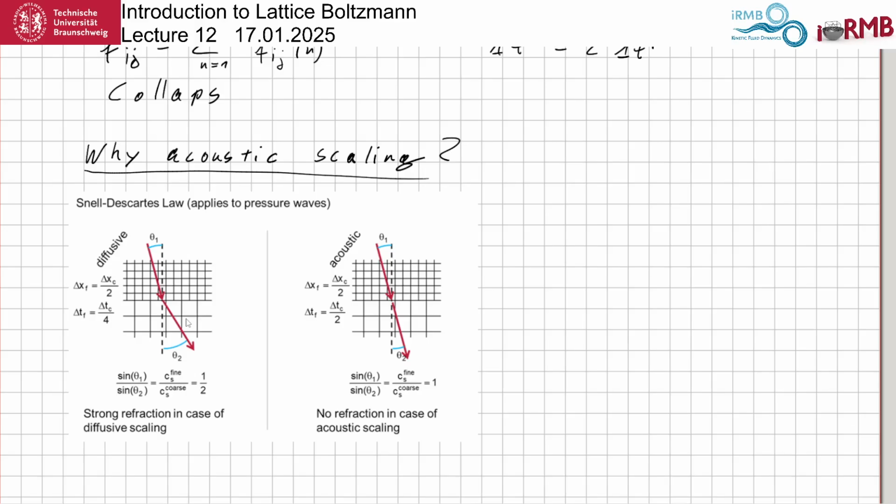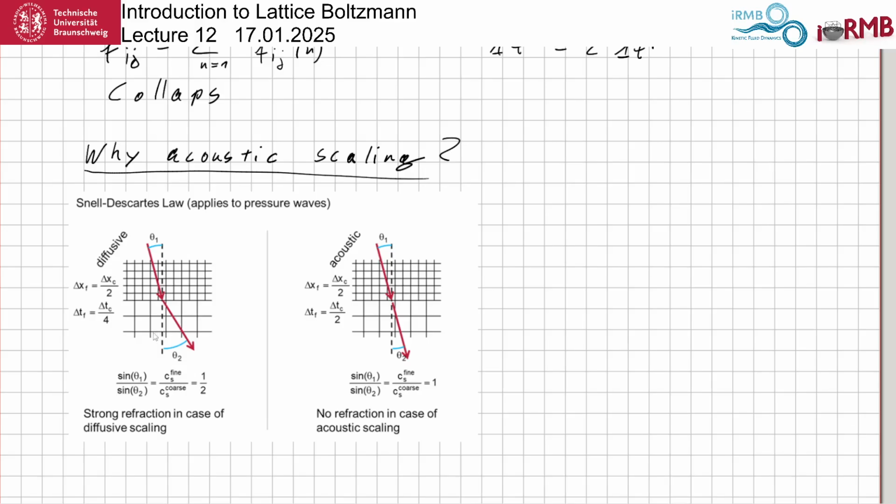This means whenever you have two domains with an interface in between, and you try to pass waves from one into the other, there will be a reflection. So for Lattice-Boltzmann, if you have two grids of different resolution, two domains in which the speed of sound would be different, then you would have a reflection on that interface.